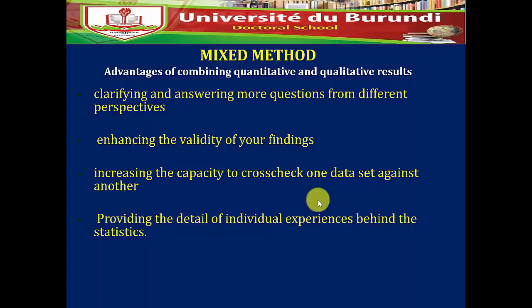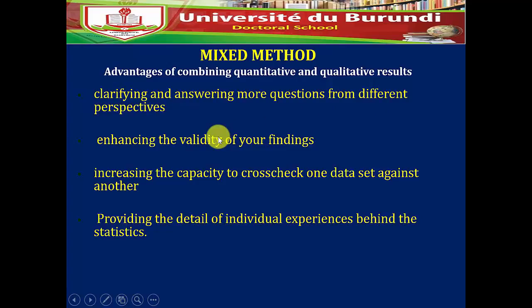Now, we talked about quantitative having advantages, qualitative having advantages. What about when we join them together? When you join them together, it's called mixed method. So we're combining the two. So what are the benefits? You know that already. Clarifying and answering more questions from different perspectives.